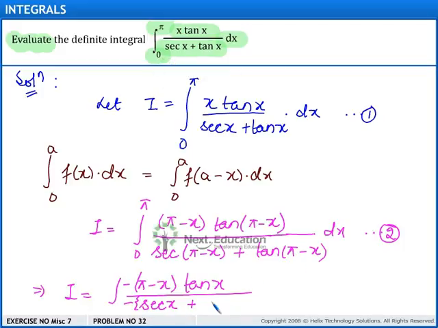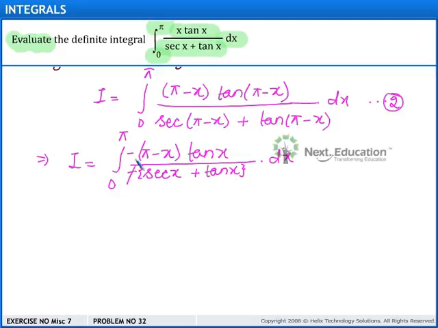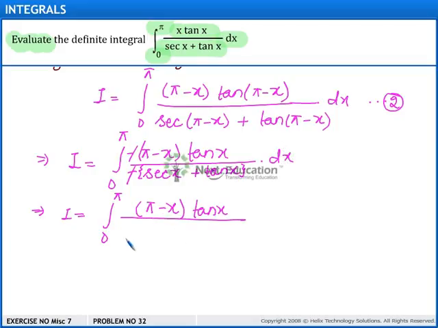So taking the minus sign common, we have sec x plus tan x into dx, and the integral is from 0 to pi. On cancelling the negative sign, I is equal to the integral from 0 to pi of (pi minus x) tan x divided by sec x plus tan x into dx. Let us note this equation as 3.